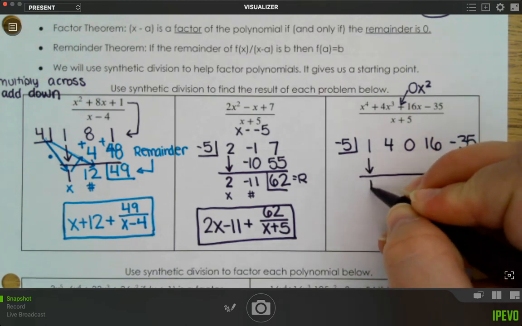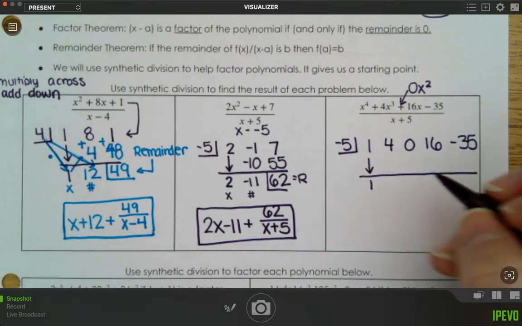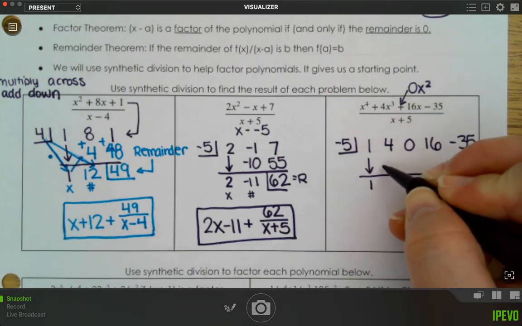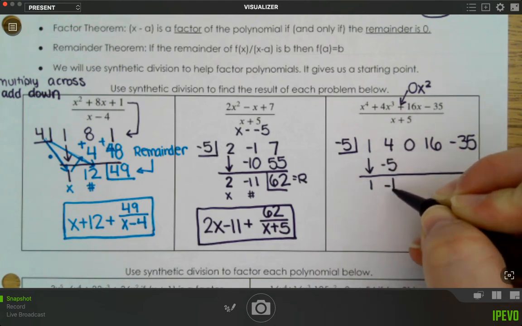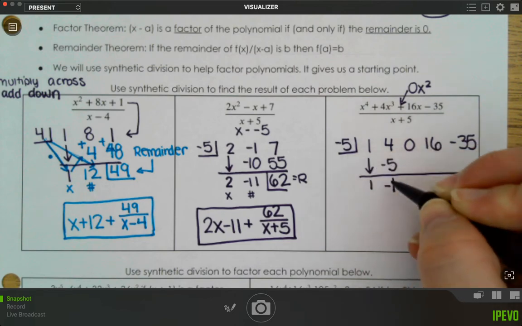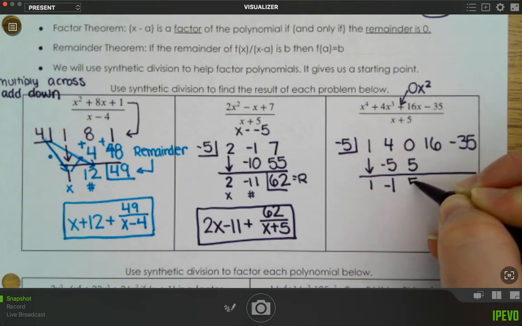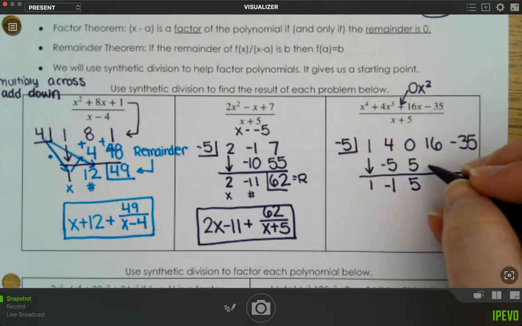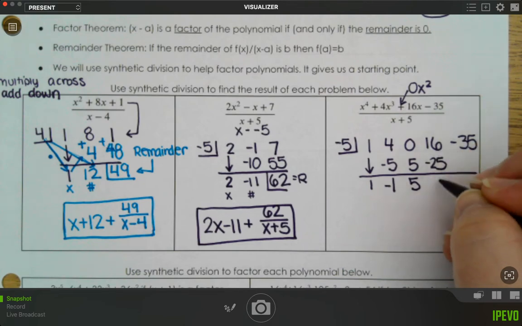This number comes down, and you're just going to get in this rhythm of multiplying across and adding down. So multiply across, add down. Multiply across, add down. Multiply across, add down.